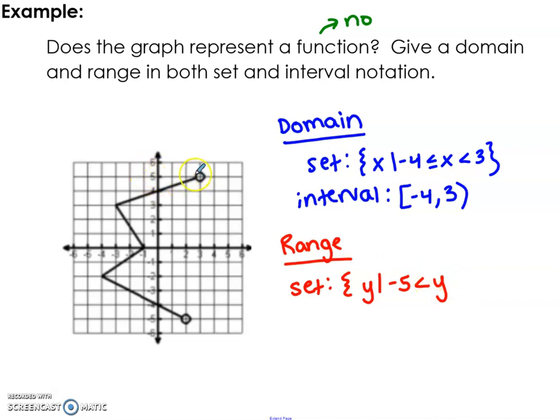And then at 5, again, we have an open circle, so it's not going to include that either. So less than 5. And then in interval notation, we have between -5 and 5. They are both not included, so we're going to use parentheses. -5 to 5, close those parentheses.